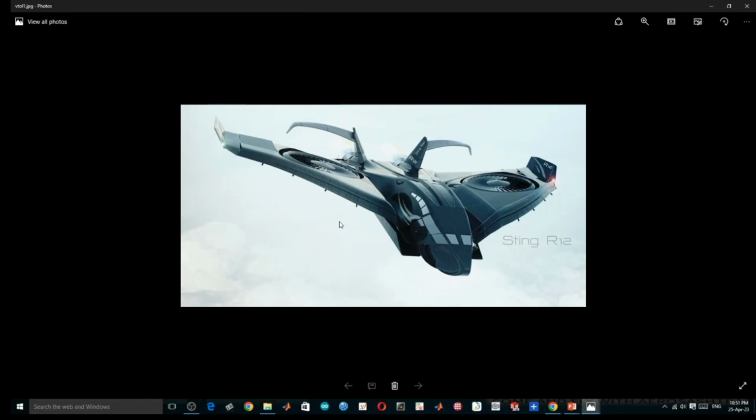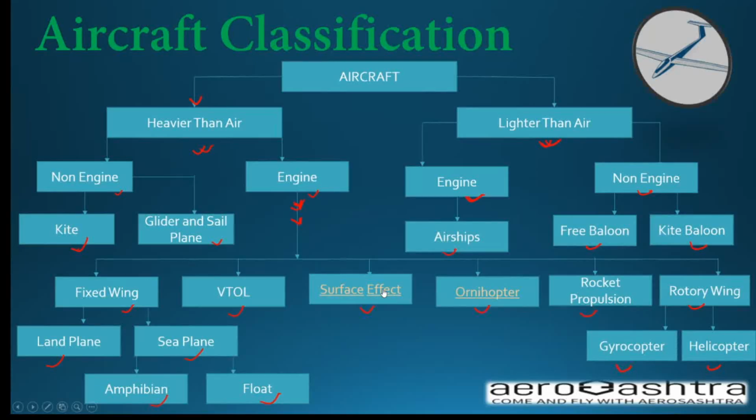You can see it can take off in the vertical direction. That is why it is called vertical takeoff and landing, just like your drones, quadcopters basically. That kind of aircraft comes under vertical takeoff and landing.